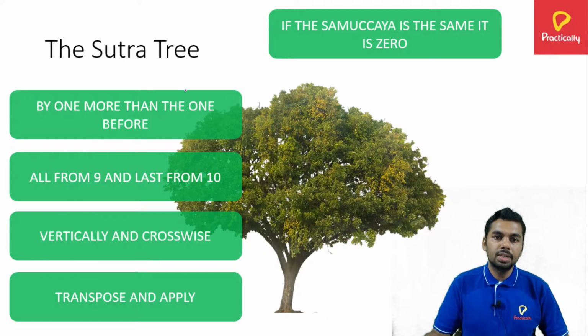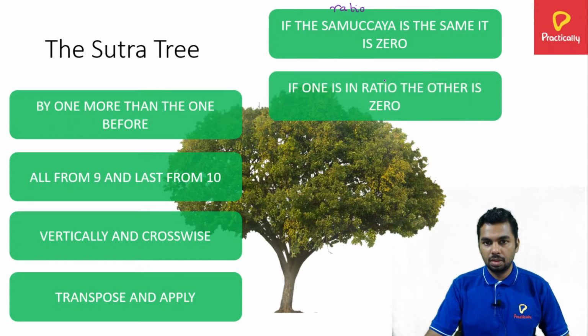Samuchaya is another name for what we call as ratio. Some of the students might be learning ratio and proportion. Now if one is in ratio, the other is 0. That is the next sutra or the sixth sutra.